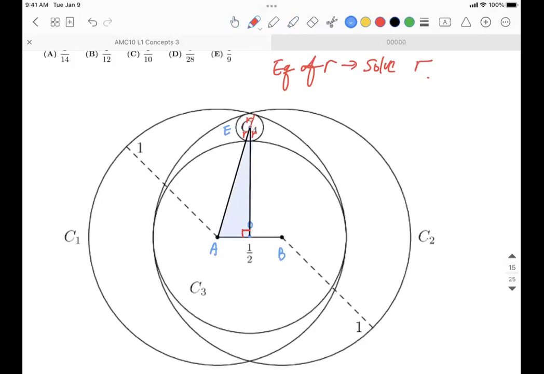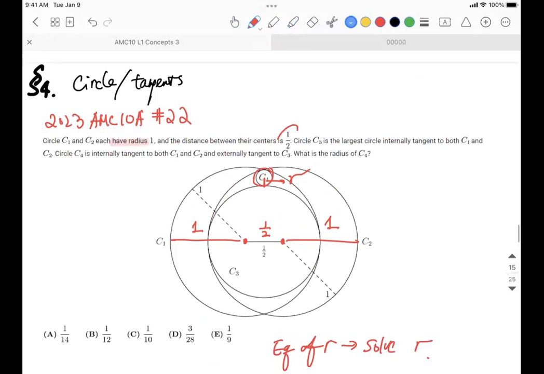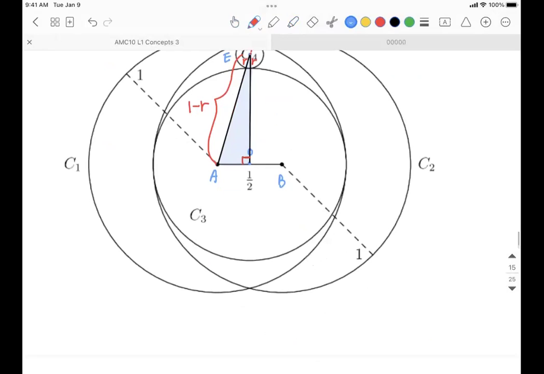For my right triangle, the hypotenuse is C1's radius minus C4's radius. So this is 1 minus R. And because this guy is 1 over 2, using the symmetric property, this is 1 over 4.